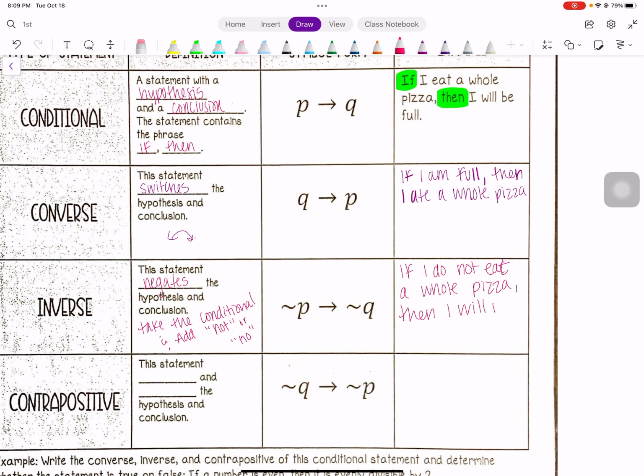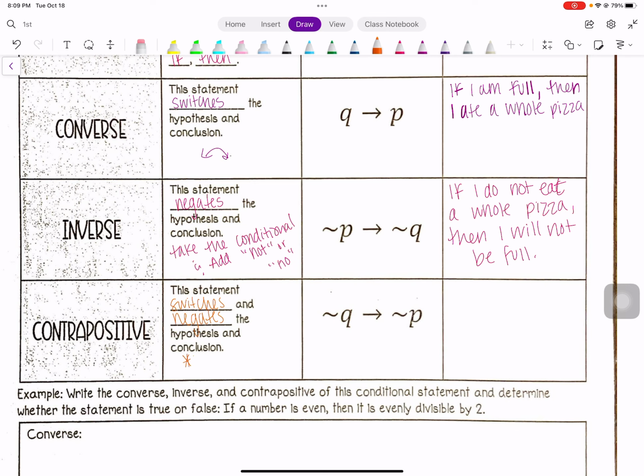Okay, and remember the contrapositive, this does both of them. So the contrapositive is both converse and inverse. You put both of them in there. So you have to switch it. So the statement switches and negates the hypothesis. Okay, so you're going to do both the converse and the inverse.